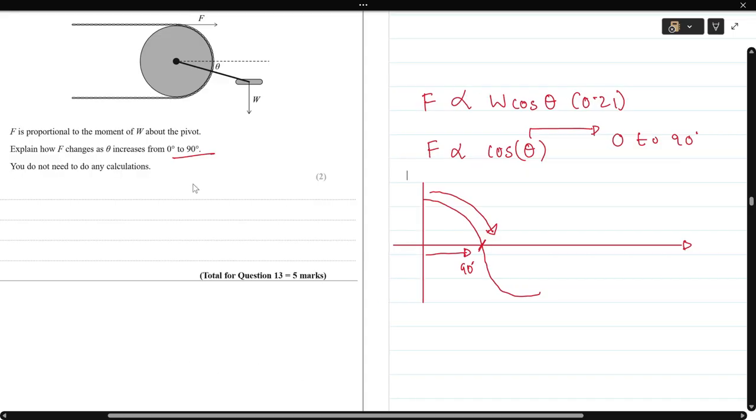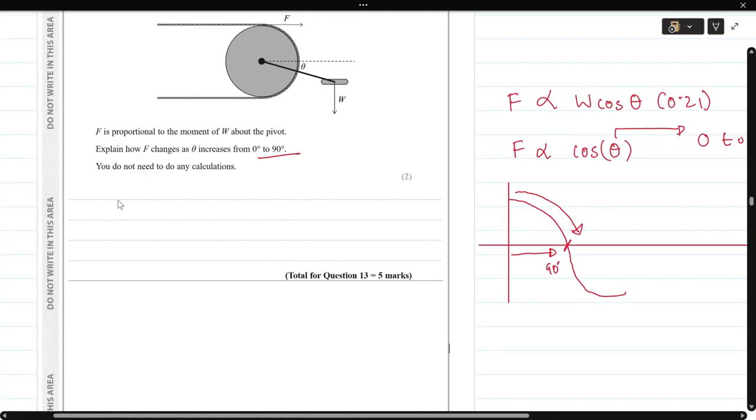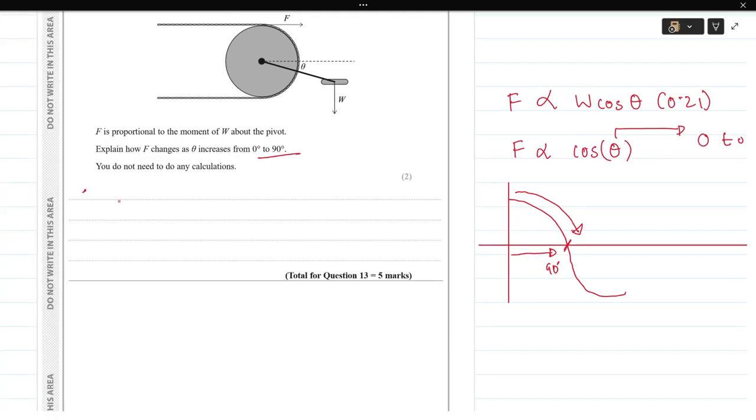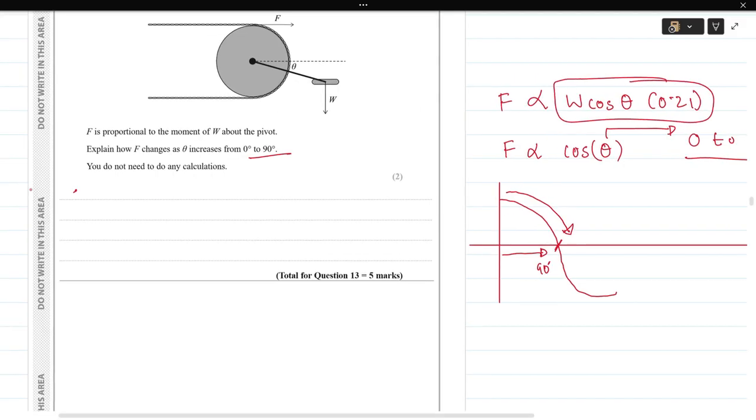So how do we answer this question? Do we really need to show all of this in the exam? No, this is just for understanding. So the first point would be that if theta increases from 0 to 90, this component will decrease.